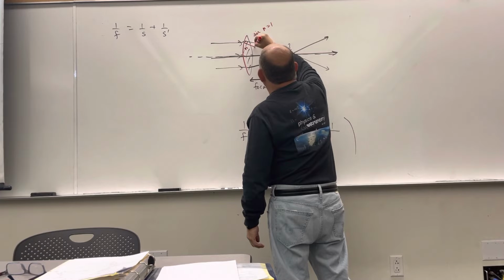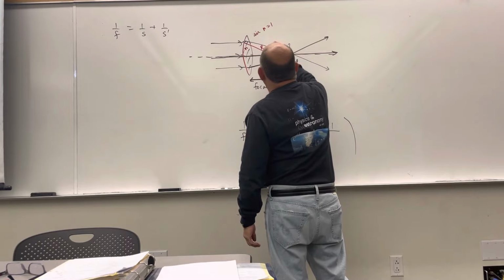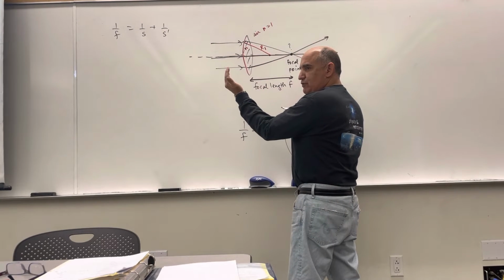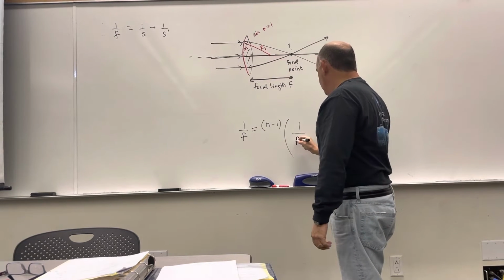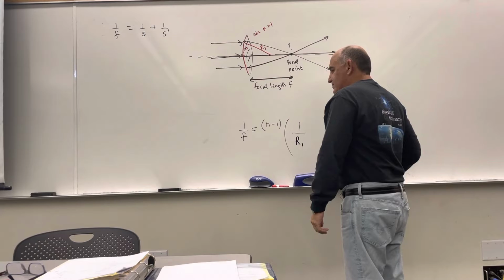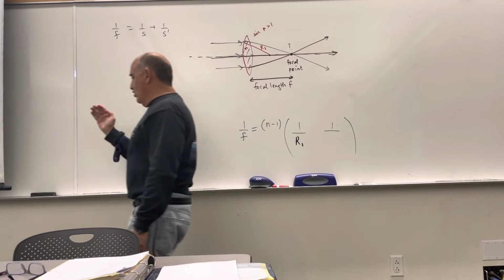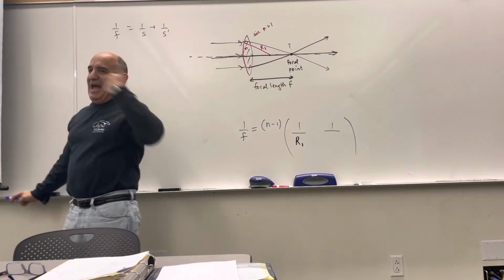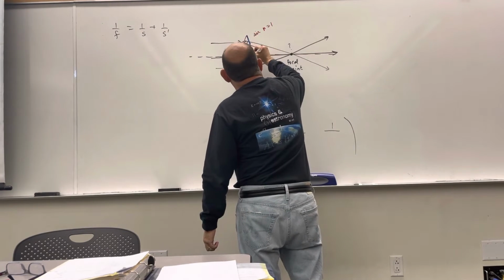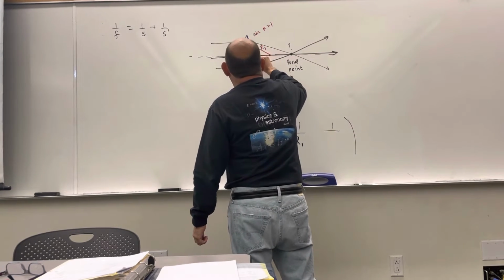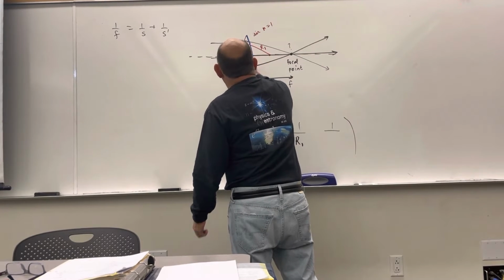So then this is R1. It has to do with how curved that front surface is. So that goes over here. And then it also depends on the curvature of the back surface of the lens. It depends on how curved this is. And that one might have a radius of curvature R2.